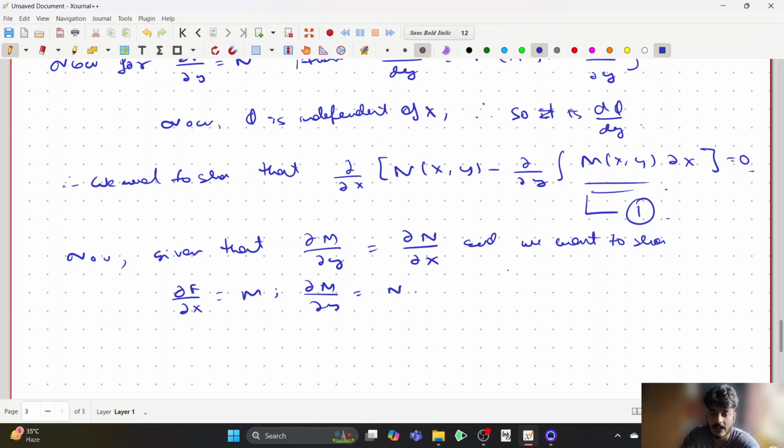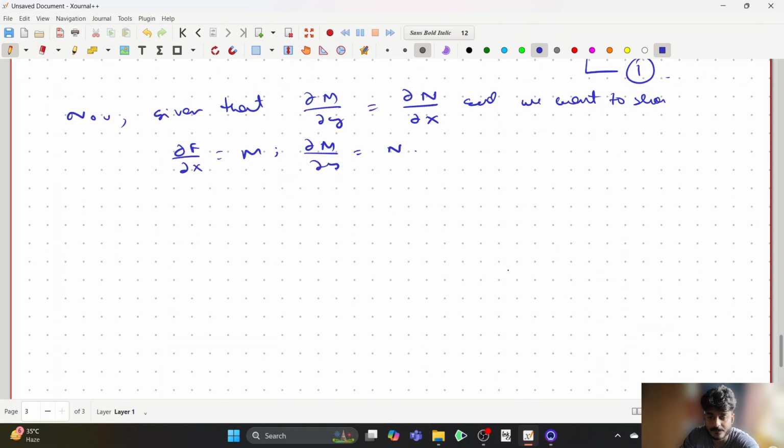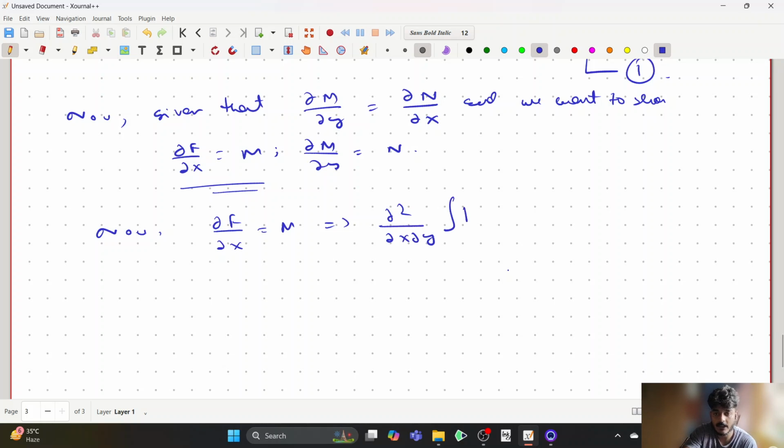Now observe that, so now what is del f by del x? That's what I mean. Now del f by del x equals m. This means that del 2 by del x del y of the integration of m(x,y) del x plus del by del x of phi(y) is equal to m.